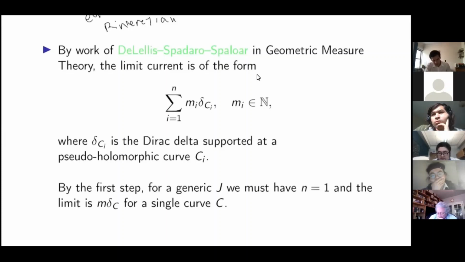But now, because the support of this current is connected, and by the first step for a generic J all pseudo-holomorphic curves are pairwise disjoint, that means that there is only one pseudo-holomorphic curve. So in the sum, there is only one, n is equal to 1. That means that the limit of my original sequence is simply m, some integer, times a single curve C, which again, by the first step, is embedded.